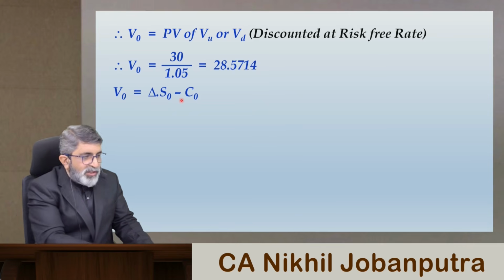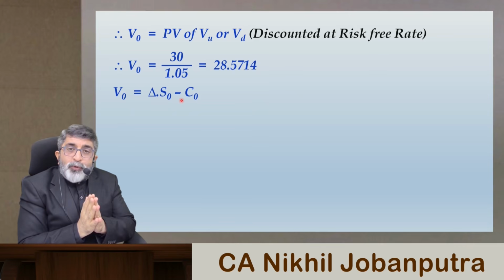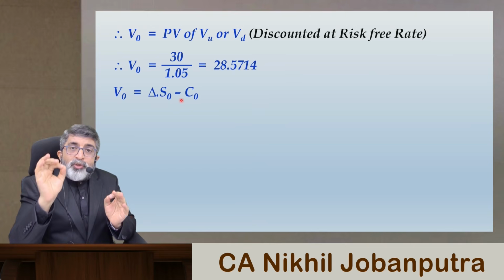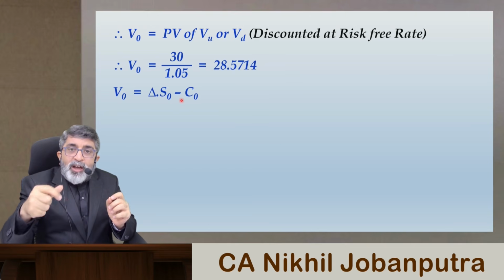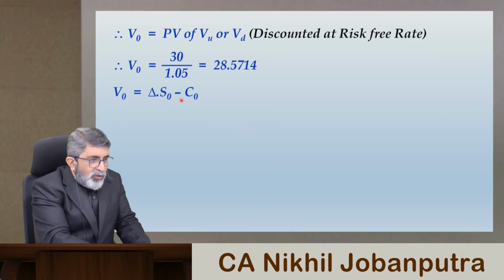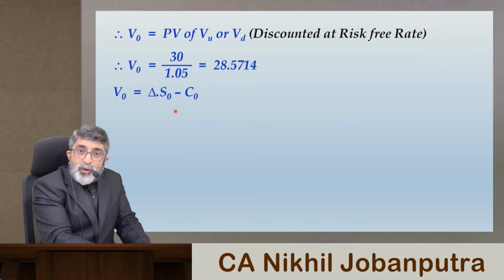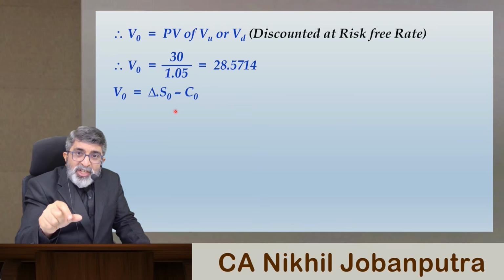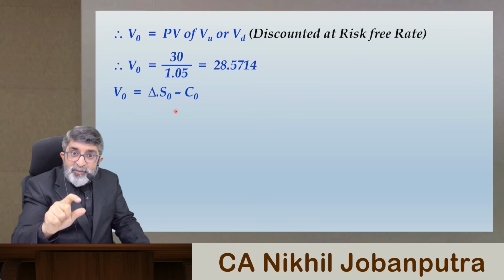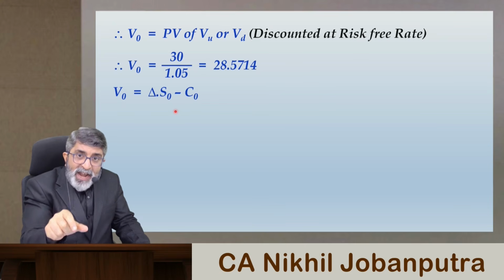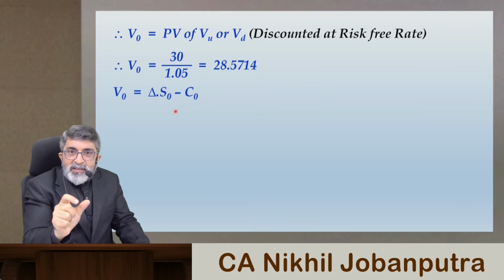Now look at one thing, we have established this V0 equation at the beginning. How did we establish it? What did we do in our portfolio construction? We have sold one call. When you sell a call, you create an obligation. So that call gives you an obligation, it is subtracted. Delta S0, you are purchasing shares at the S0 price, that is, at the spot price at the beginning. That is your investment, correct?